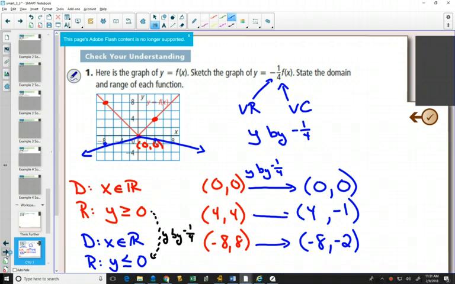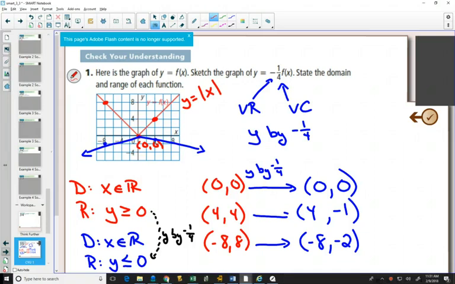Now, this question was given to us in function notation. Do you recognize that graph? If you wanted to write the explicit equation of our red graph, what would it have been? What graph is that from our activity? Absolute value of x.